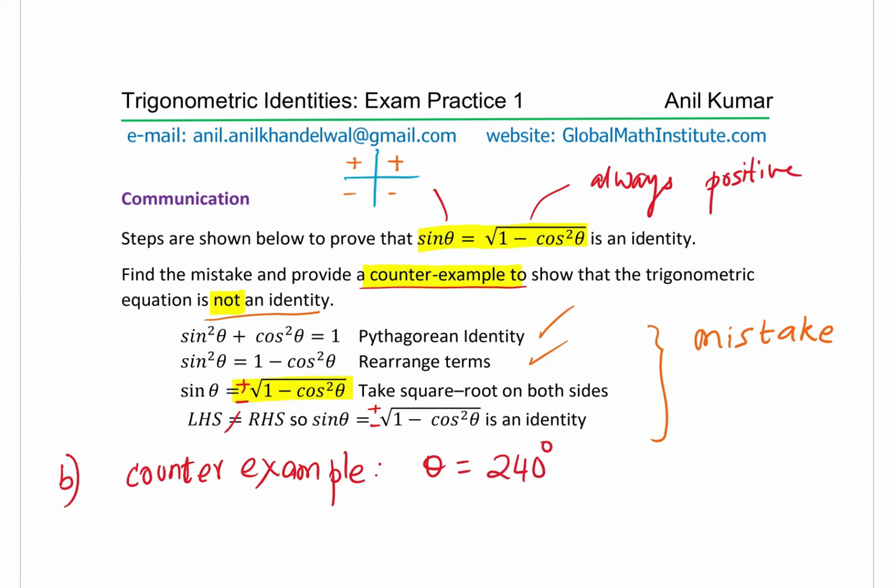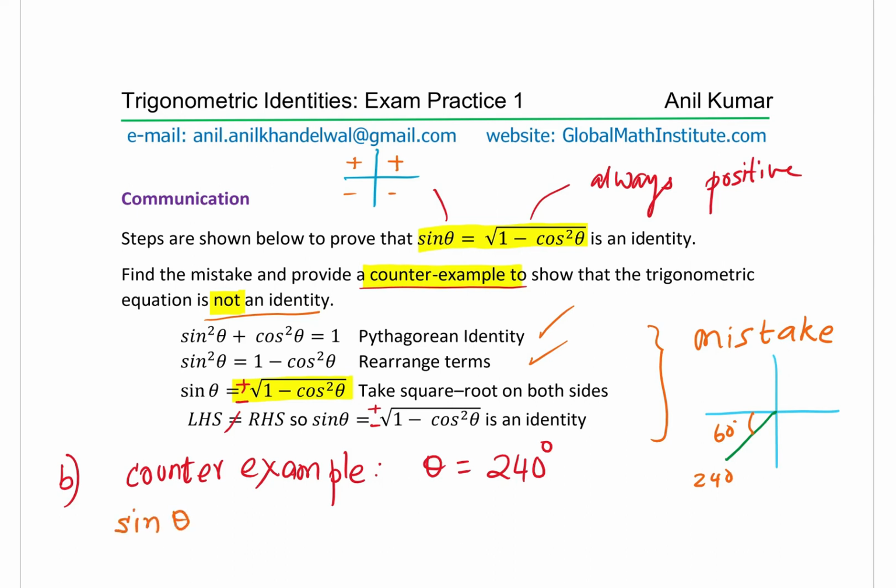So 240 degrees will give us the terminal arm in quadrant 3, where the angle will be what? 60 degrees acute angle.